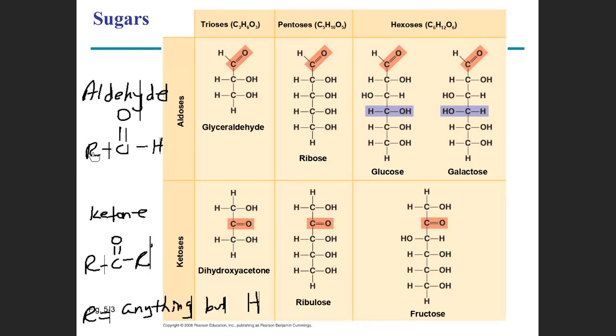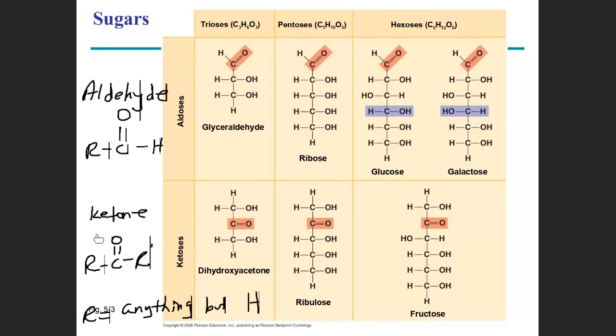It could be something with carbon, it could be nitrogen, it could be all different kinds of things, but it's not hydrogen. So again, the conversion is messy because that's what Blackboard did to my writing. So an aldehyde has a carbonyl group, it's bonded to a hydrogen, and then an R group, so something else.